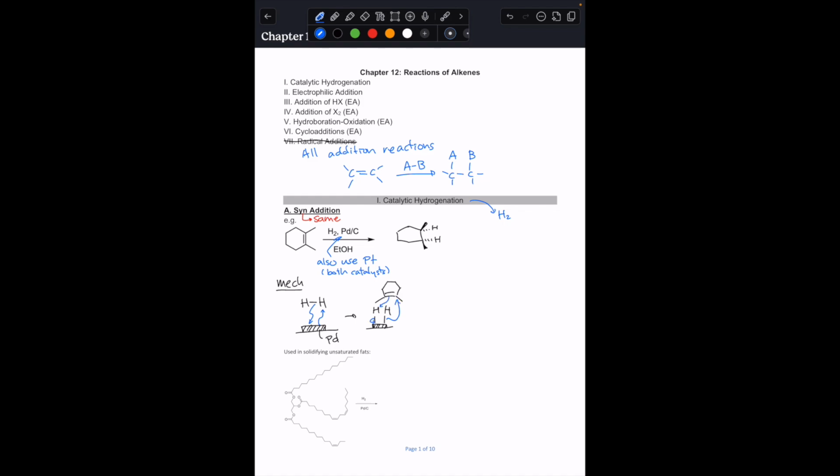I didn't do a good job with that arrow. The palladium neither totally loses nor gains electrons per se, and when this happens, it happens in a concerted way. It's kind of like SN2 or E2, where everything happens in one step. So this is from the same side.